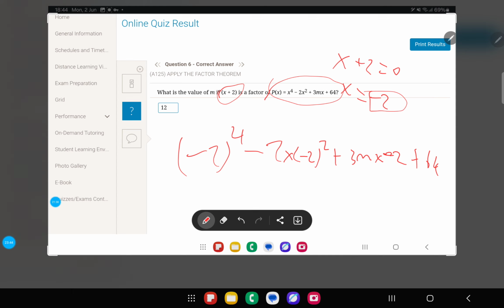Okay, so in the calculator, you can just put all of this, and put m as x in the calculator, and then solve for x. You're gonna get m equals 12. Okay? But if you don't want to solve it, let me solve it first hand with you.